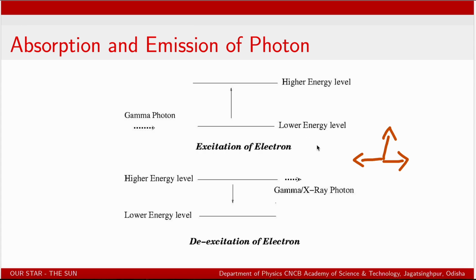So what we are seeing is a kind of diffusion that is taking place, and that is why the transport of energy is slowed down in the radiative zone. We'll now go to the next slide.